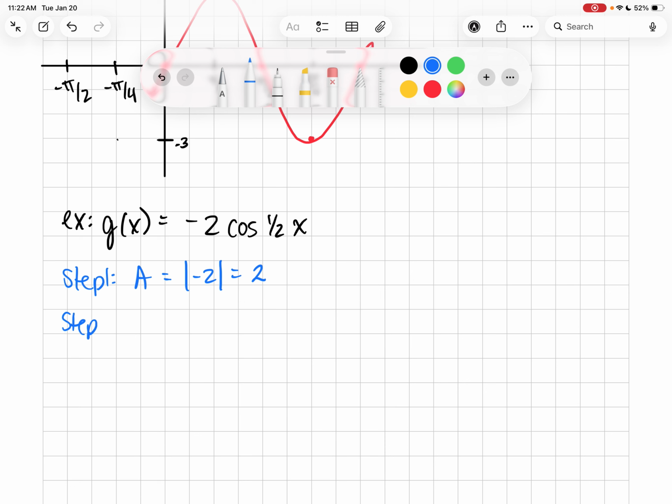Step 2, we find the period, which is 2 pi over b, so 2 pi over 1/2, and it's the absolute value of that. There's usually not a negative inside, but there could be. So what would that be equal to? 4 pi. Step 3, we take the period and divide it by 4. So 4 pi over 4 is just pi.